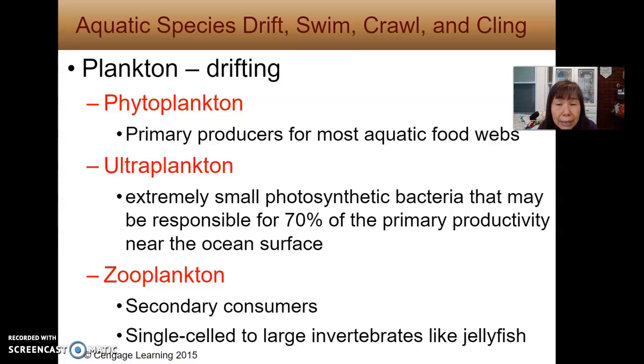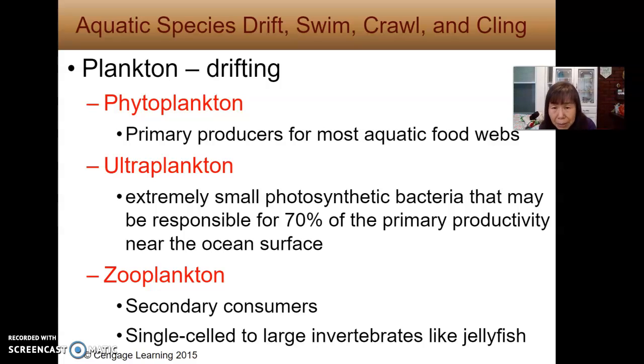Okay, and then also the living organisms in an aquatic biozone, based on how active they are or where they live, we give them different names. You need to know those names. One is phytoplankton. Those are primary producers. In general, plankton are just the drifting organisms.